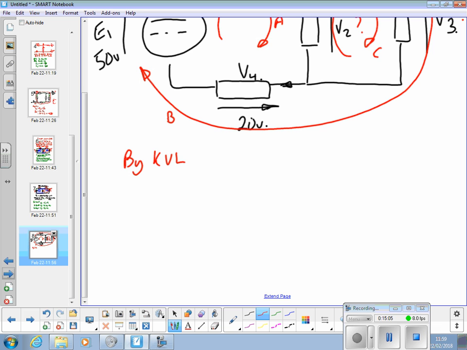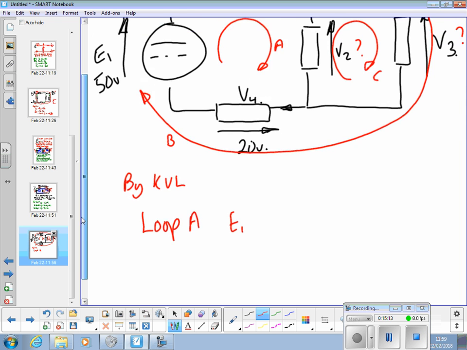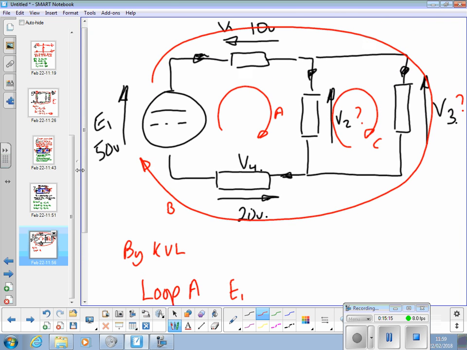By Kirchhoff's voltage law, loop A: E1's the anti-clockwise arrow, is it not? Yeah. E1 is equal to V1 plus V2 plus V4. That loop there.